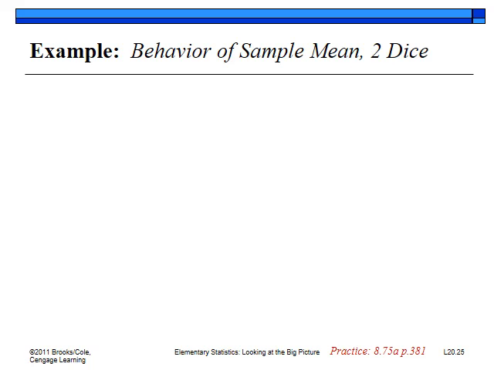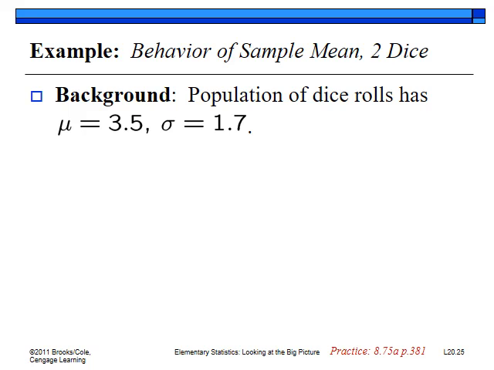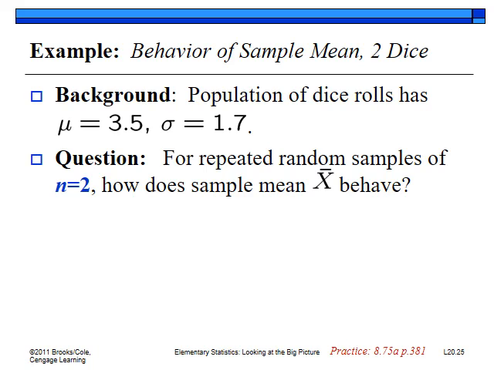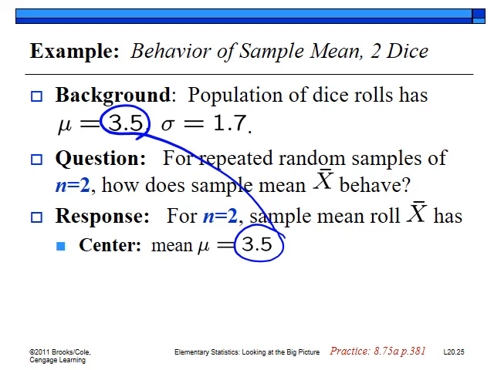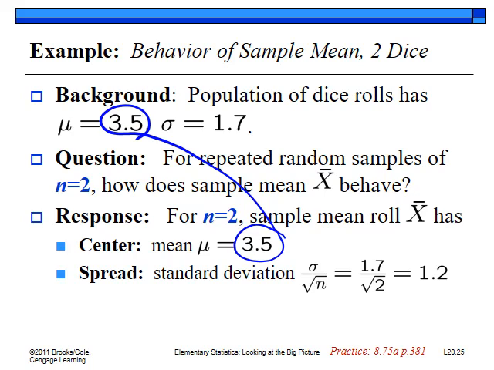So let's look back at the sample mean when we're rolling 2 dice. Remember, a single die has mean 3.5 and standard deviation 1.7. So what can we say about the sample mean x bar? Well, the mean ought to also be 3.5, because 3.5 was the mean for the population. For the spread, we use the standard deviation, which is not the same as the population.